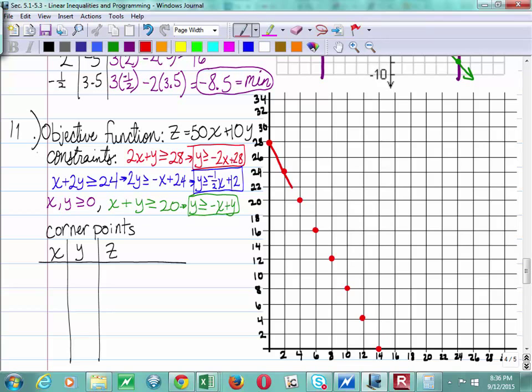And it's a solid line. And it's greater than, which means we're going to shade above the line.